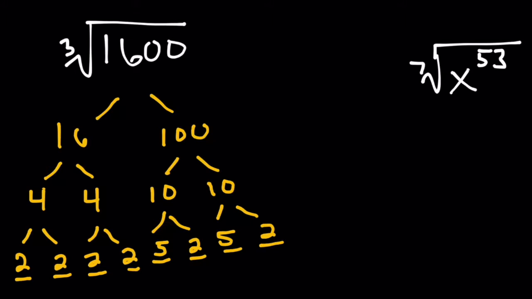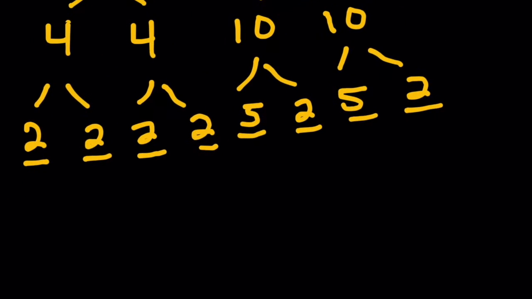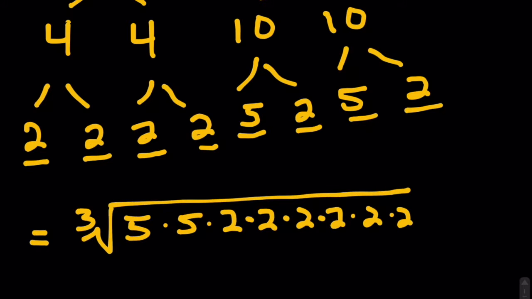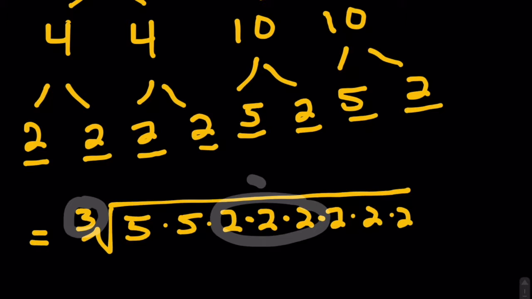Now we are going to rewrite our radical in terms of this new prime factorization. So this all equals the cube root of 5 times 5 times 2 times 2 times 2 times 2 times 2 times 2. Now, take a look at our index. That is the number sitting on the little table on the outside. It's a 3. This tells us that instead of looking for pairs, we are going to be looking for triples.